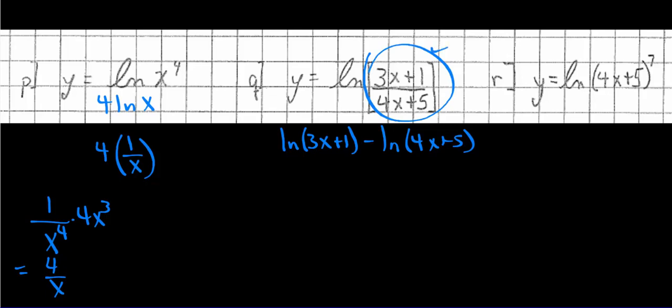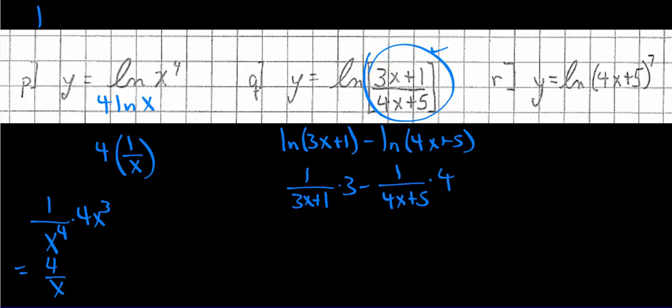But now notice this is going to be 1 over 3x plus 1 times 3, minus 1 over 4x plus 5 times 4. See, it makes things a little bit easier. So there's the derivative.